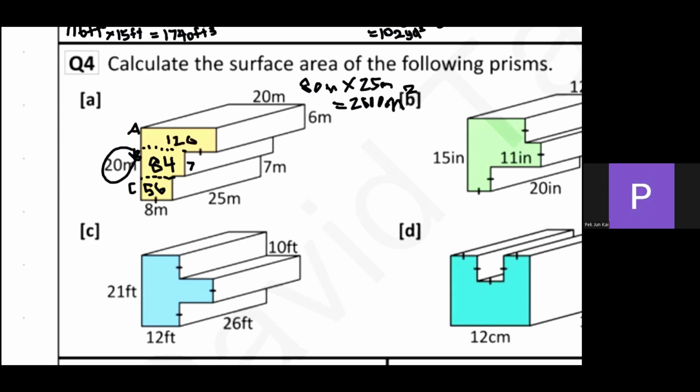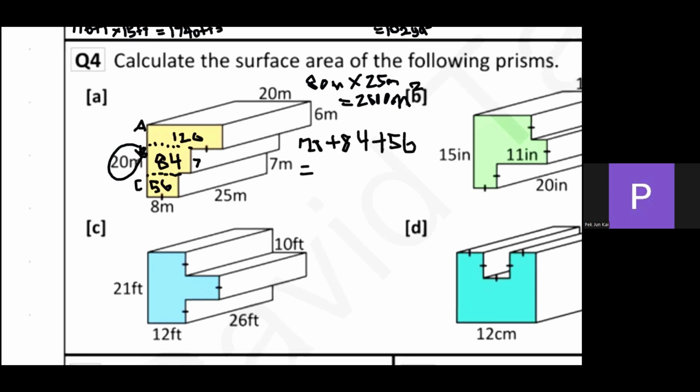So the area for the cross-section would be 260 meters square.